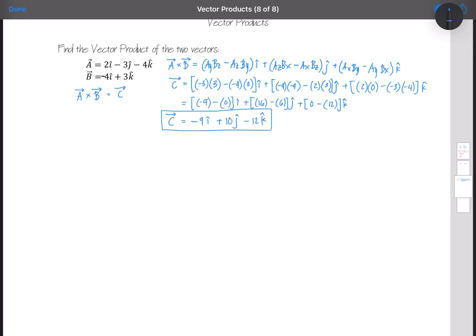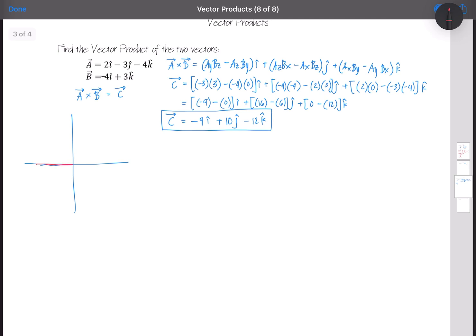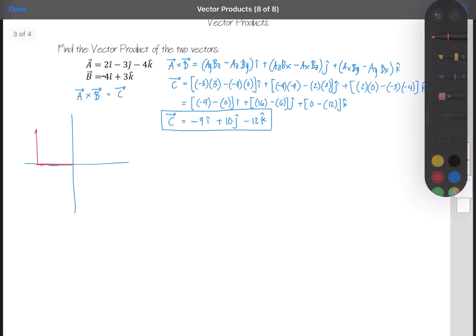If we are going to illustrate that, say for example, this is our Cartesian plane. Negative 9 goes toward the negative x-axis. And then we have 10j, that's positive, going like this. And then going towards the z-axis.